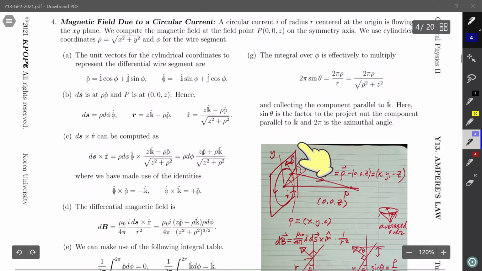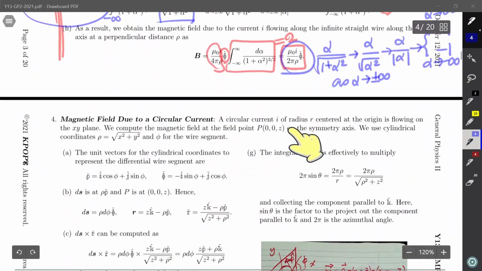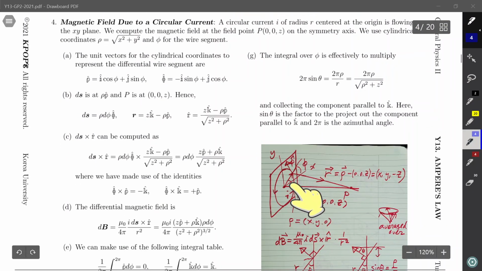Next, we consider the magnetic field due to a circular current. The previous case was a straight current, and this is a circular current. A circular current I of radius r, centered at the origin, is flowing on the xy plane.